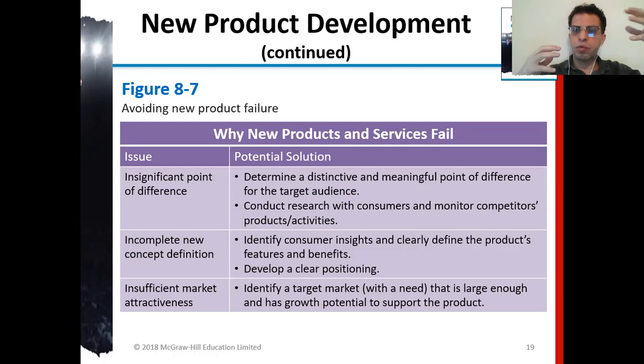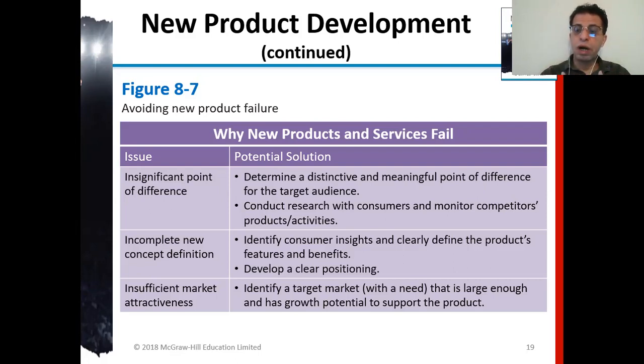How do you connect the mobile to glucometers, to the doctors, to the nurses, to the whole library of diabetes and something healthy? That concept was not 100% defined. The solution is identifying consumer insight, clearly defining the product features and benefits, and developing a clear positioning.